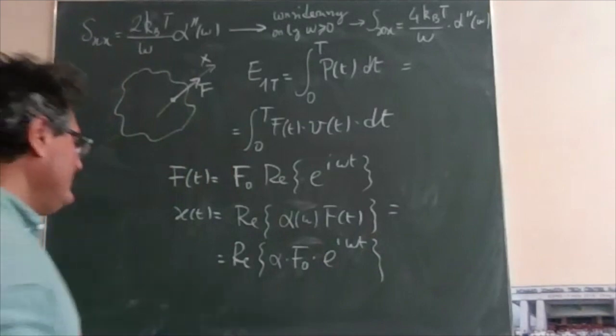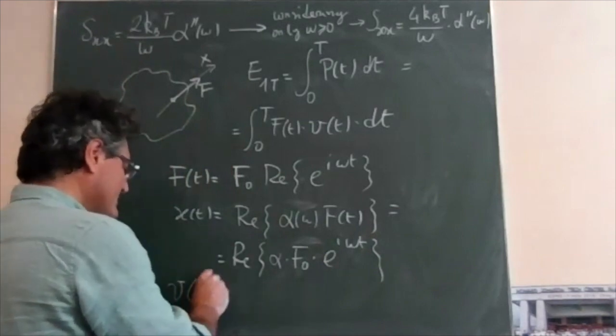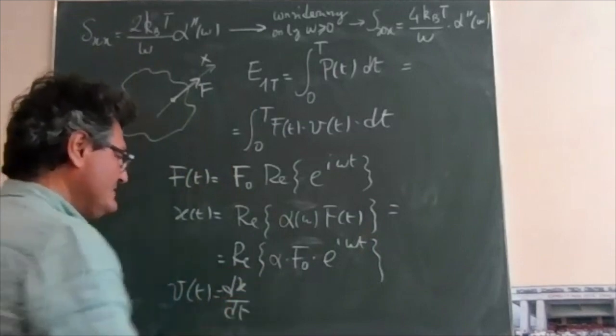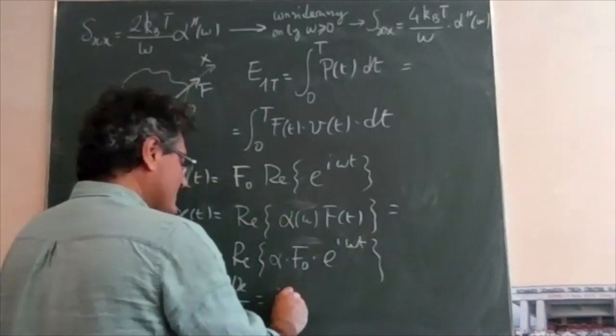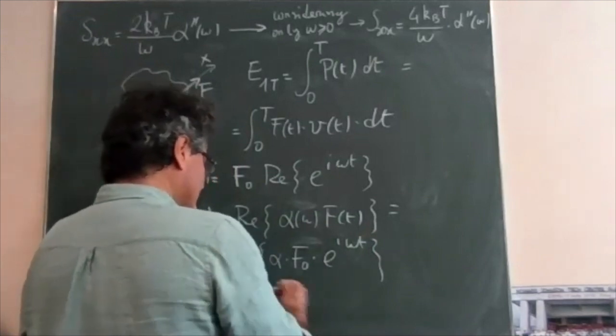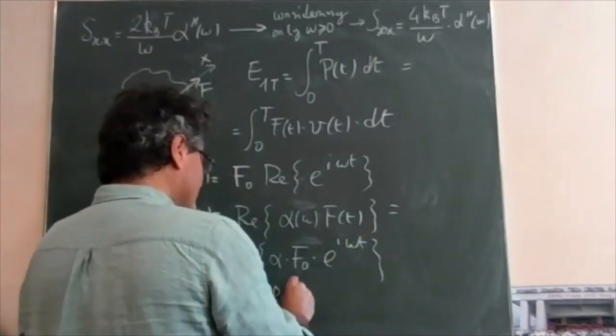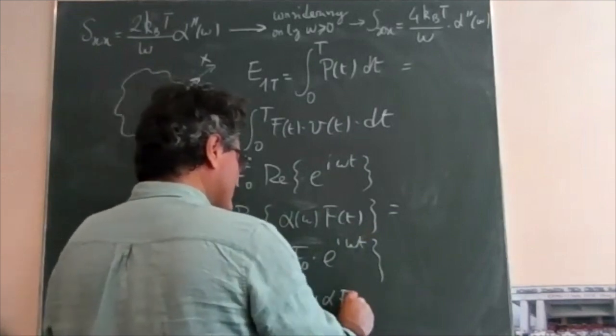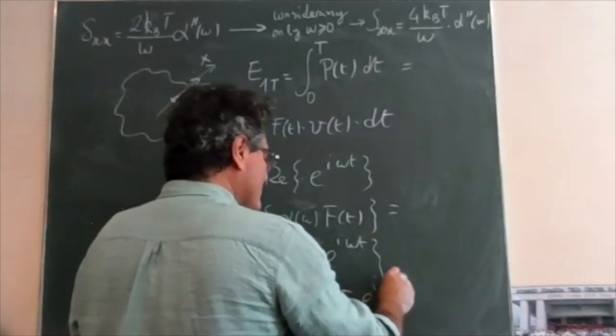And the speed, which is the derivative in time, is the real part of i omega alpha F naught e to the i omega t.